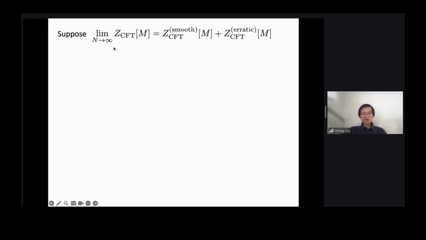Now we ask, let's take this quantity and try to separate what we can characterize as a trans series, and the rest is called the erratic part. Previously we always assumed maybe only the smooth parts exist, but that doesn't have to be the case. If you relax your assumption and imagine there is an erratic part, this simple step can buy us a huge amount, both technically and conceptually.